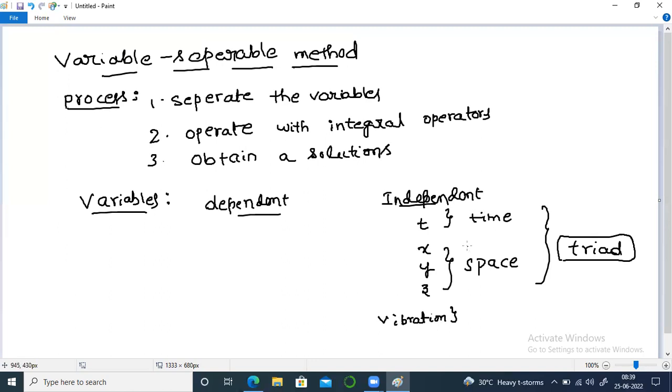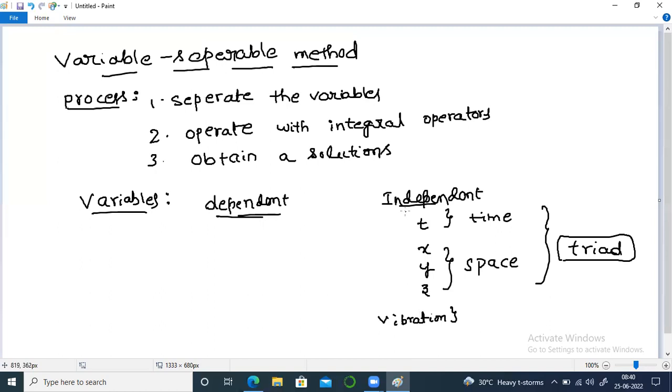But these are the independent variables. Coming to the dependent variable, you can represent it with any letter. So independent variables are time, x, y, z, or vibration. The dependent variable is one. You have to separate the dependent and independent variables in the given equation.